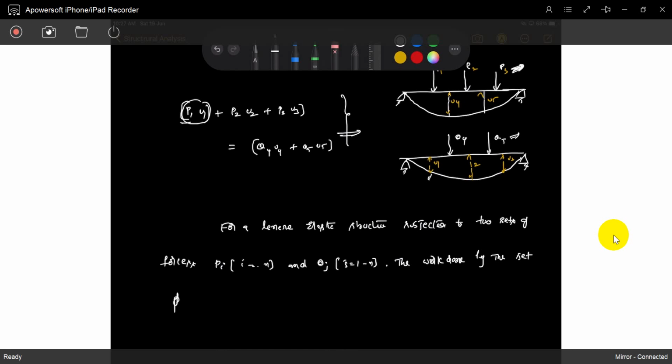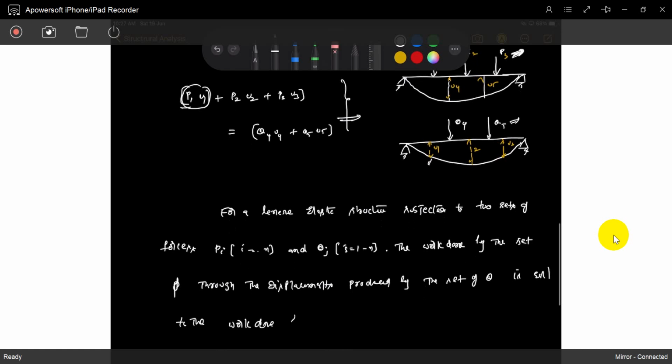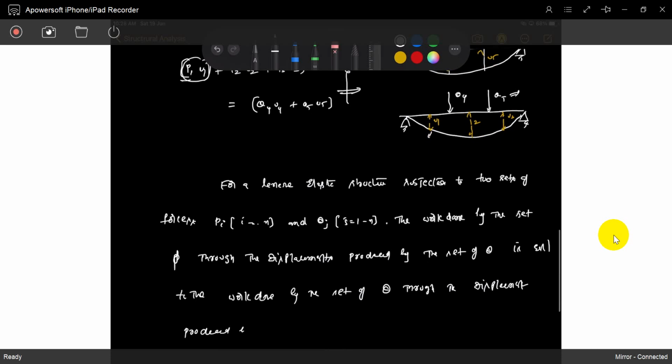The work done by the set P through the displacements produced by the set of Q is equal to the work done by the set of Q through the displacements produced by the set of P. That is the meaning. See, the exact definition.